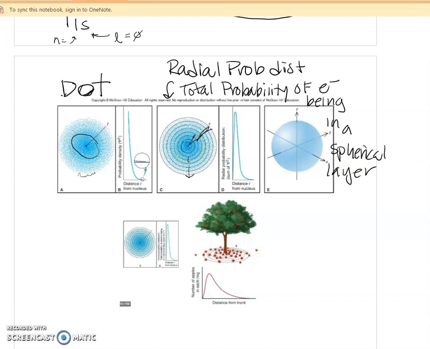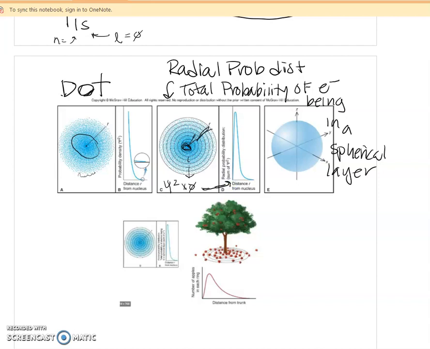So if we take a look at the center again, right here with the nucleus, that black dot right in the center, we know that the volume in the center is 0. So if we take our chi-square times 0, we get 0, right? So that's why this curve right here starts at 0.